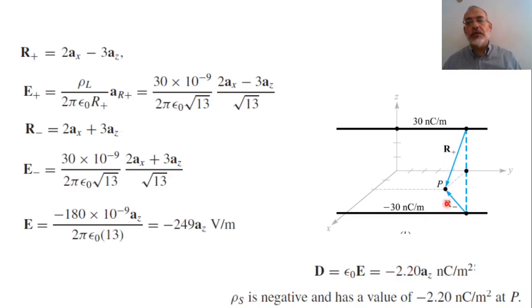And this electric flux density is effectively the normal component to the electric conductor in the XY plane. So the charge density at this point would equal the normal component of the electric flux density. So rho surface here would be minus 2.2 nanocoulomb per meter squared at the point B.